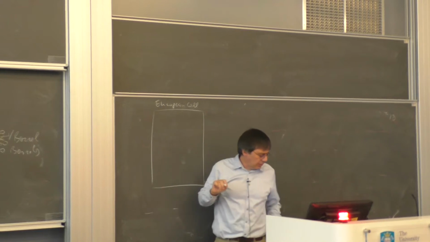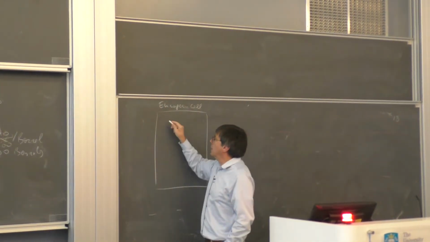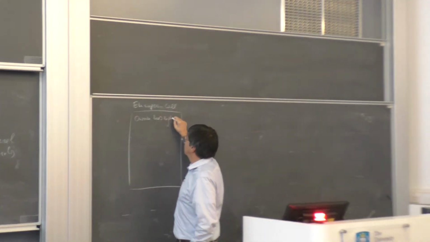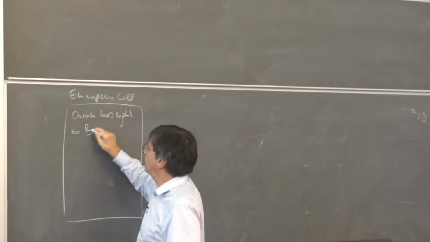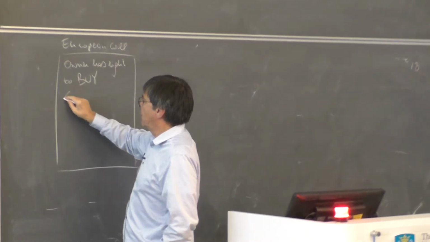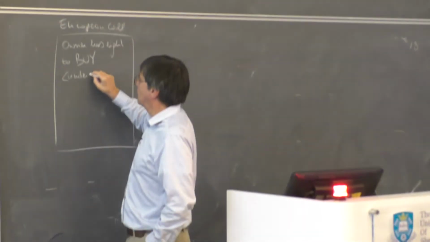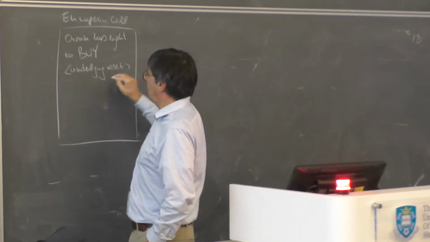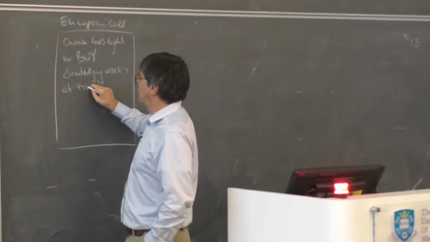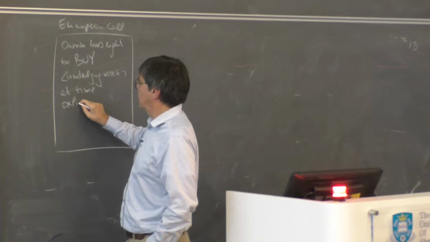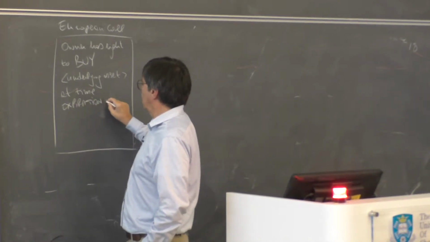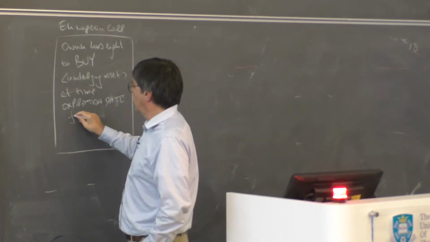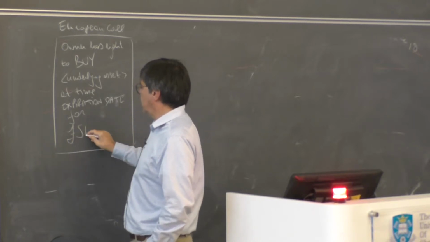So a European call is going to have lots of small print, which is going to say: owner has the right to buy some underlying asset, which I'm not specifying, at a time, the expiration date, for a strike price.